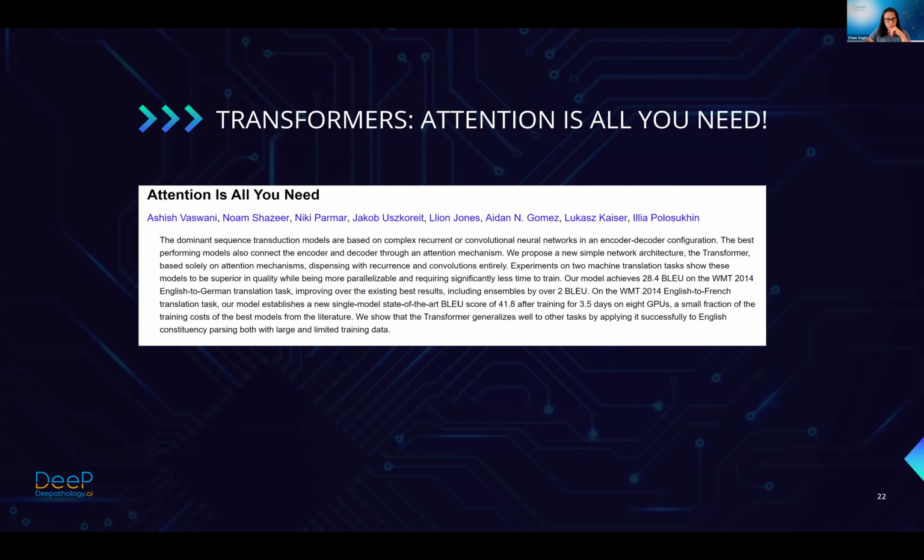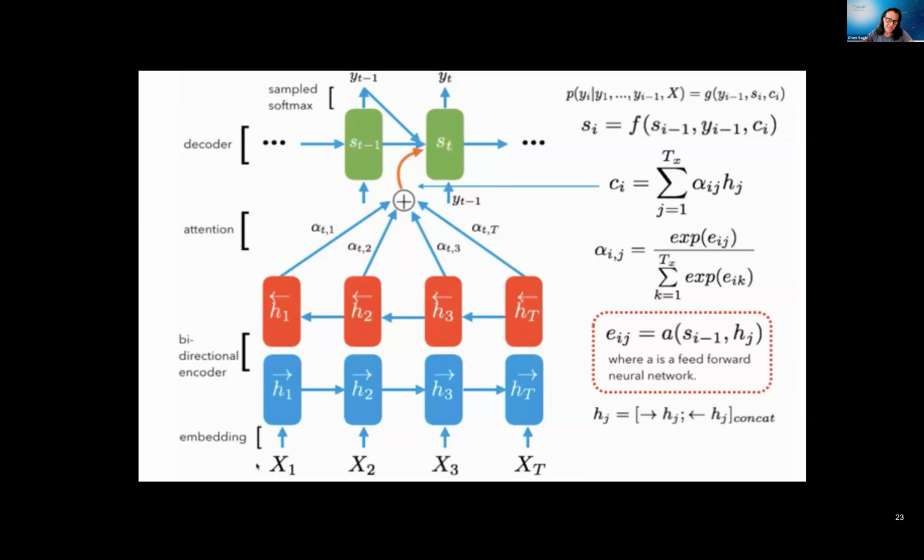Again, a lot of credit to the authors of the seminal paper, Attention is All You Need. And this is not taken from this seminal paper, but from the paper of Bahdanau. I'm sorry if I forgot the name. I should have put the reference here. And if you recall, I really like this image because it shows that we are taking all the information, all the connections here, and we weight them in order to provide the next output.